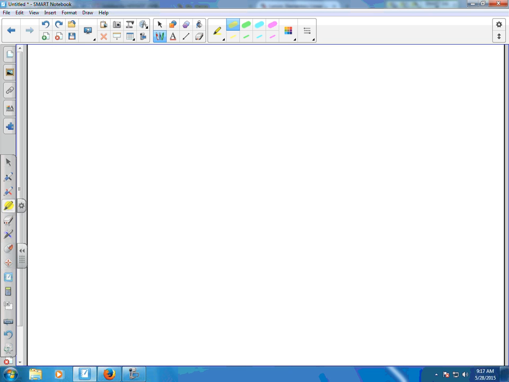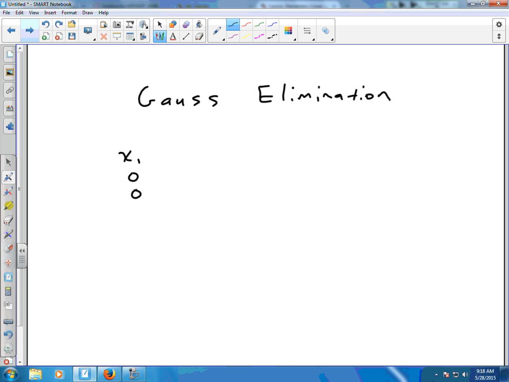I think that's in general what 1.1 deals with. It deals with putting things in row echelon form by doing Gauss elimination. So again, in Gauss elimination, after we have our first pivot, we want all zeros under it.